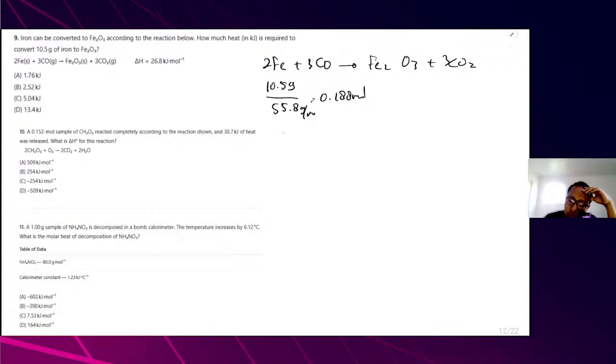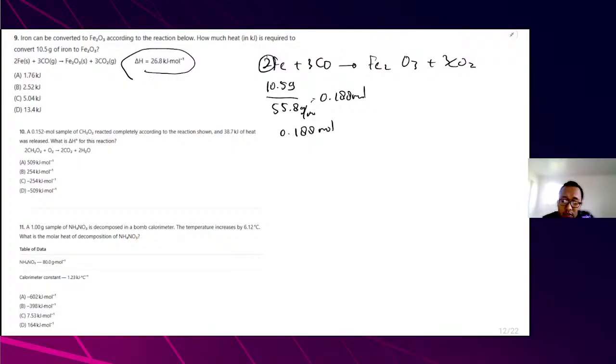So 0.188 mole. Now the question is how much heat in kilojoules is required. From the balanced equation, the 2 mole Fe corresponds to 26.8.